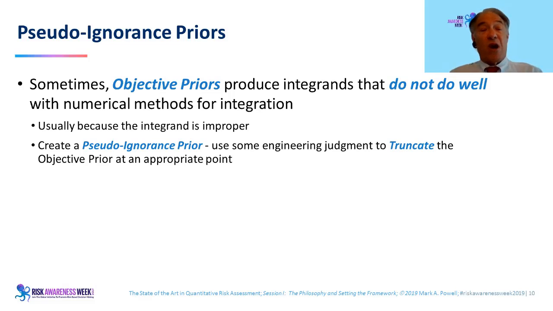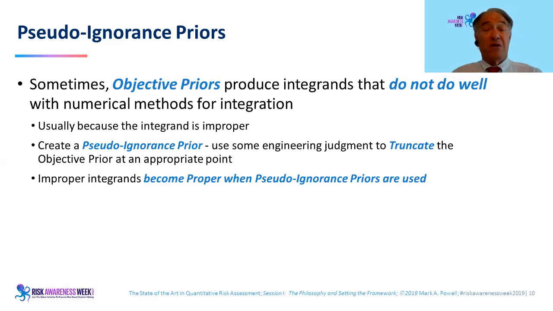And we can create what I call a pseudo-ignorance prior, and we use what I'm calling engineering judgment. It's the understanding of the causality, the analysis process, the judgment of the problem, where we actually truncate the objective prior at some appropriate point, or at appropriate points. You may truncate it at both ends. And of course, when you truncate it, that makes the integrand proper. And the numerical method stabilizes and works properly.